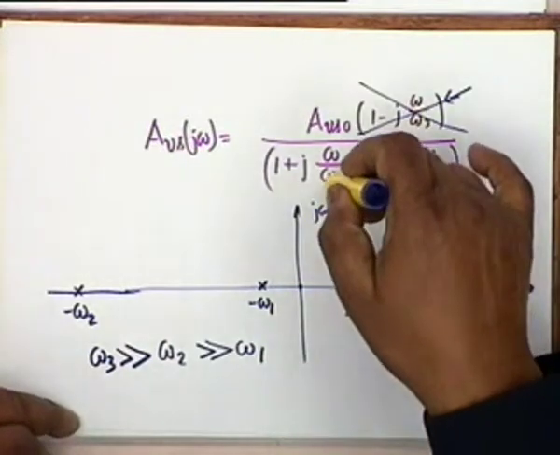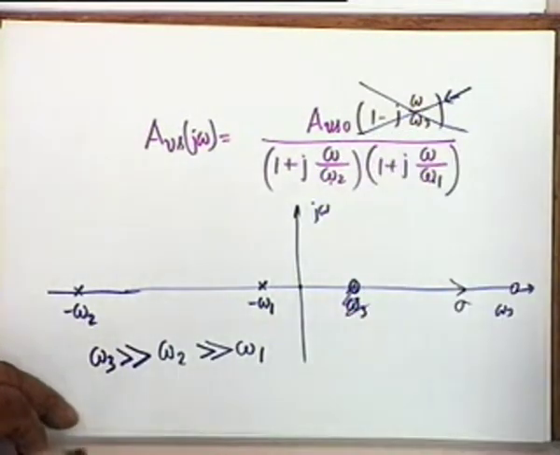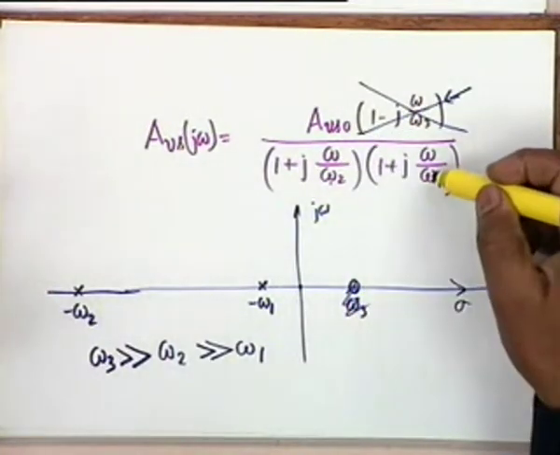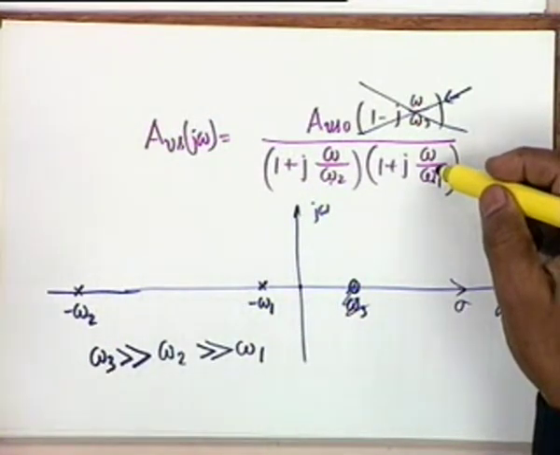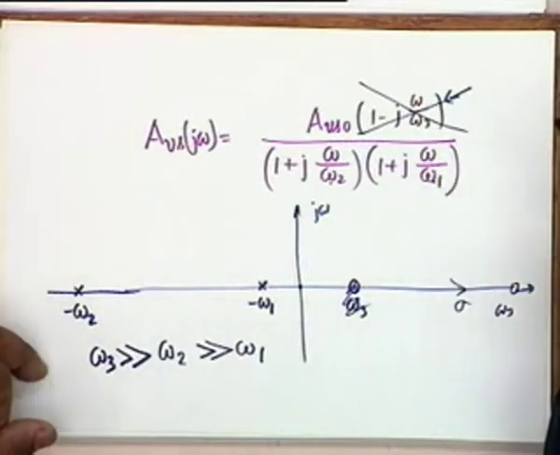Now if omega 2 is much larger compared to omega 1, then naturally omega 1 is the critical frequency which will determine the frequency response of the amplifier.